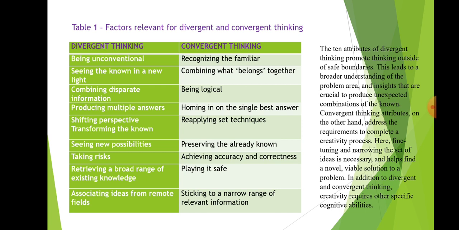Let's look at the table and compare the factors relevant for divergent and convergent thinking. So divergent thinking, the first feature or characteristic is being unconventional.